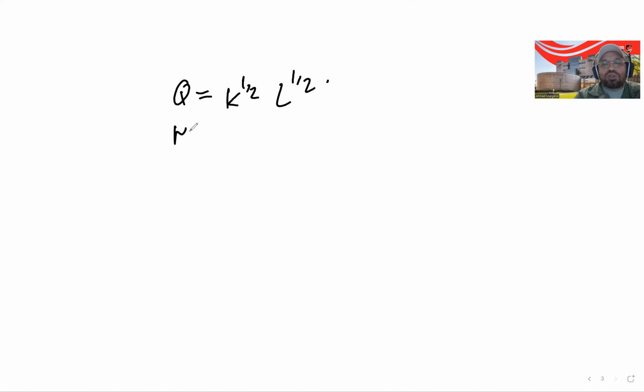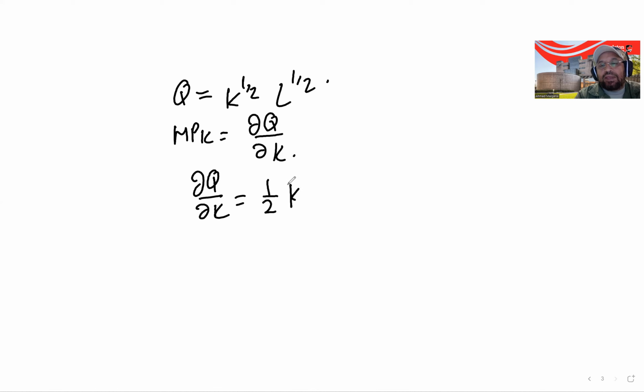And then we say that marginal product of capital is equal to the partial derivative of Q with respect to K. When we take the derivative of this function with respect to K, that's equal to 1/2 K to the power of 1/2 minus 1, that becomes minus 1/2, and L is constant, therefore we write L to the power of 1/2.